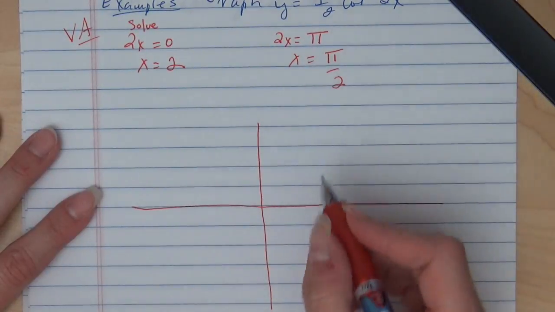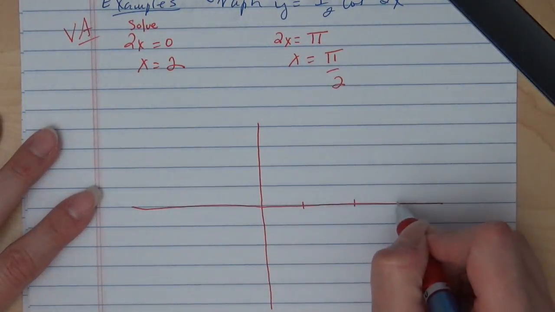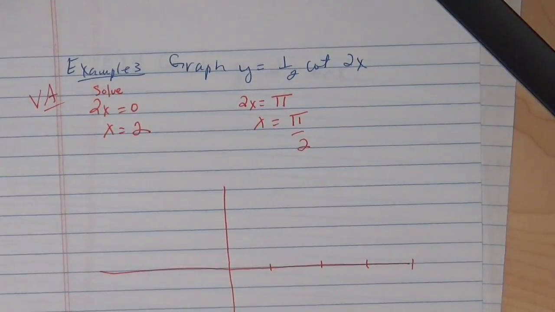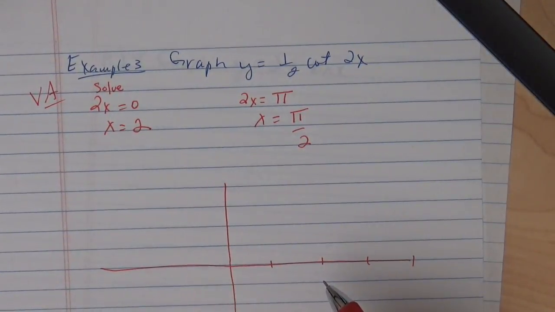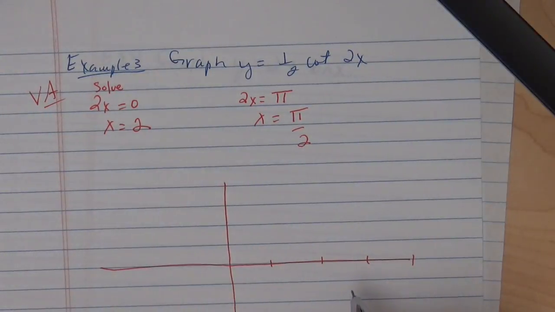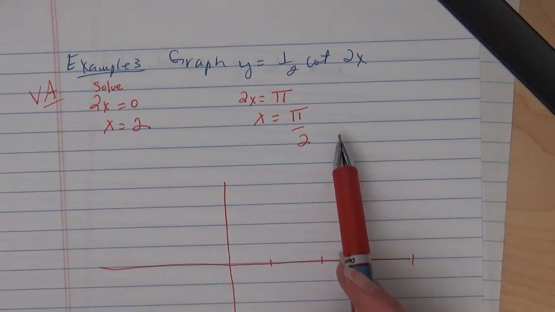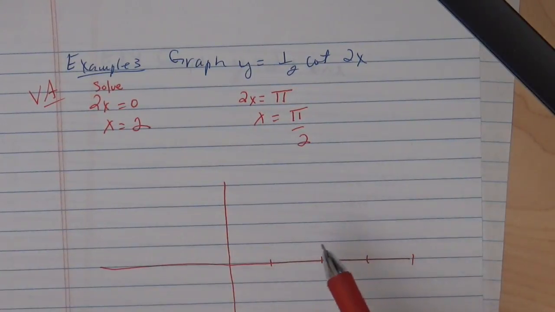So let's get our x-axis labeled here. Our period is pi over b, which is pi over 2 for this problem.